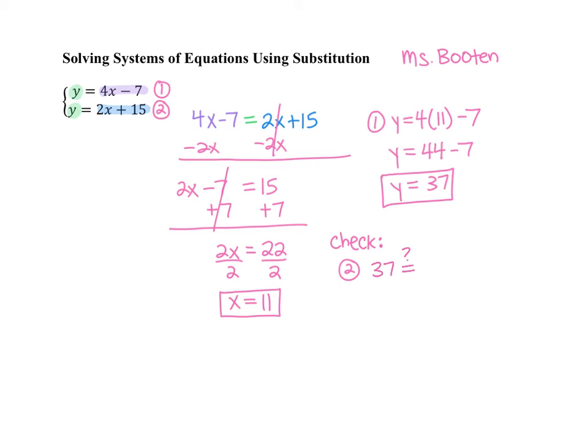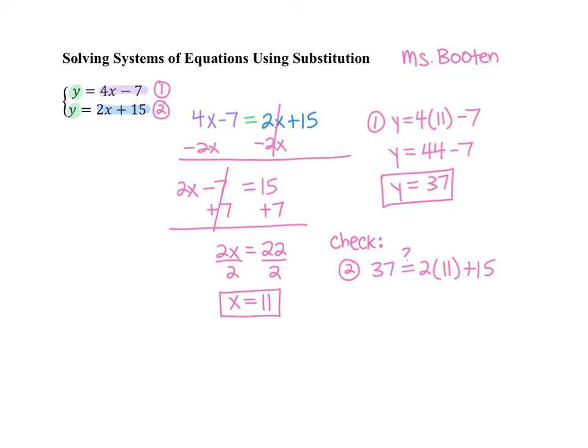So I'm going to use that question mark. And then 2 times, instead of x, we substitute in 11. And then we write out the rest of the equation, which is plus 15. So this equation is written right here, except instead of y, we have 37, and instead of x, we have 11.